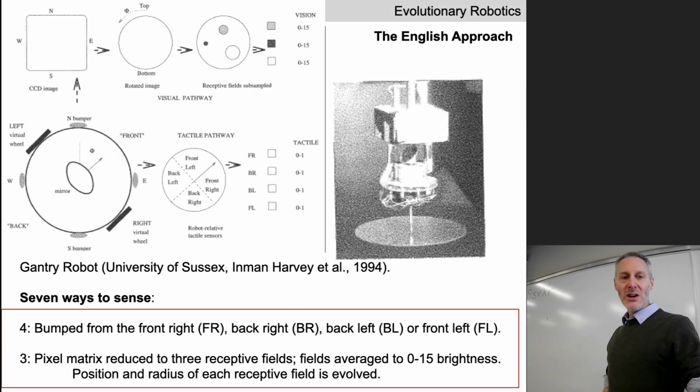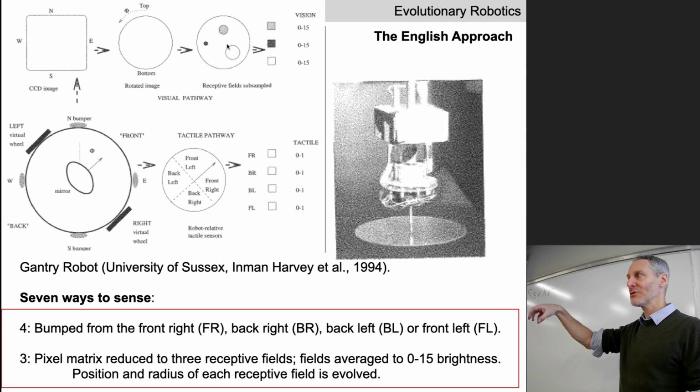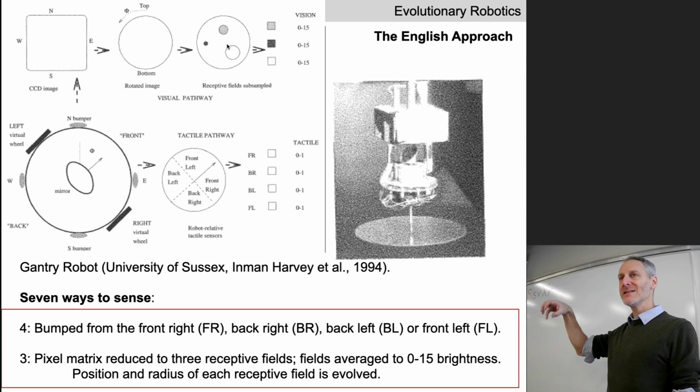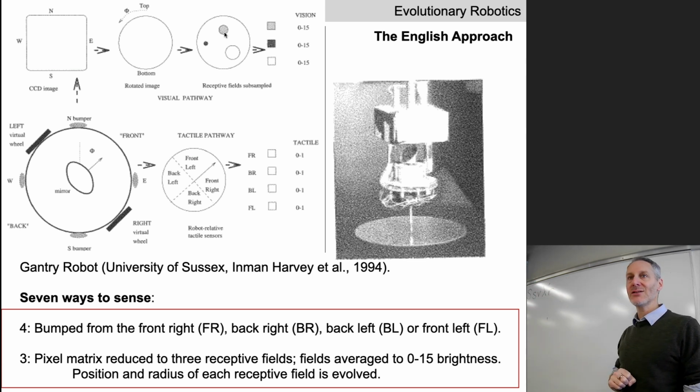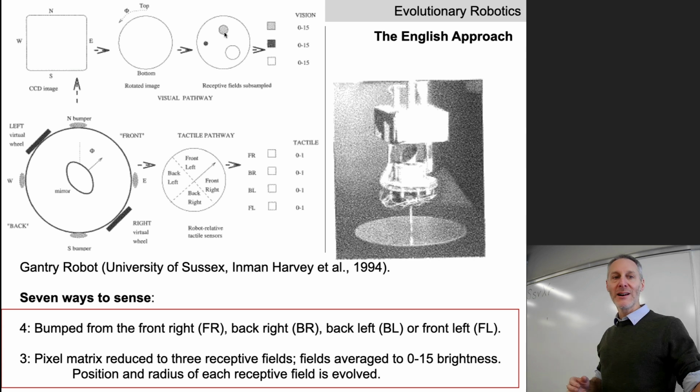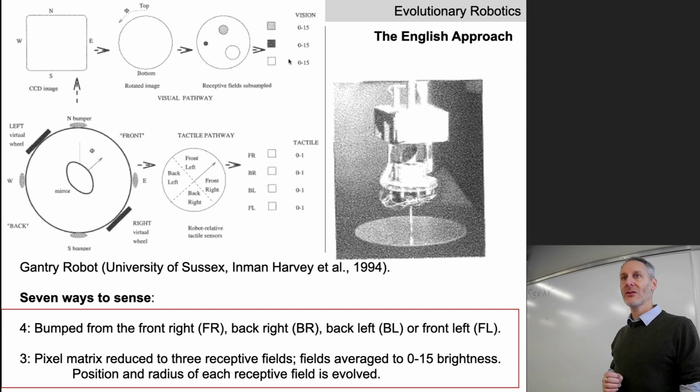We saw this odd way that they did it last time, which is to drop 3 circles of different sizes at different places inside the visual field. Grayscale all of the pixels inside these 3 circles, and then take the average grayscale value of all of those pixels inside each circle, and then finally discretize that average into 16 different bins. 0 for pitch dark and 15 for bright white.